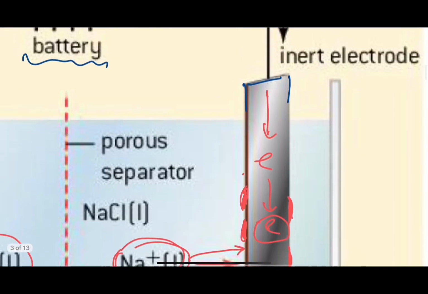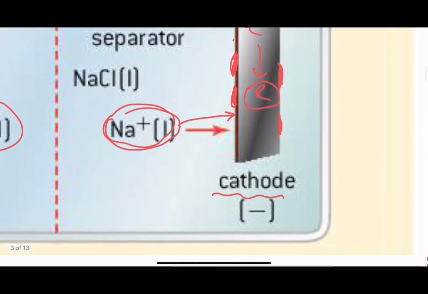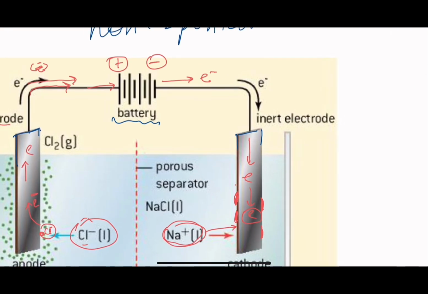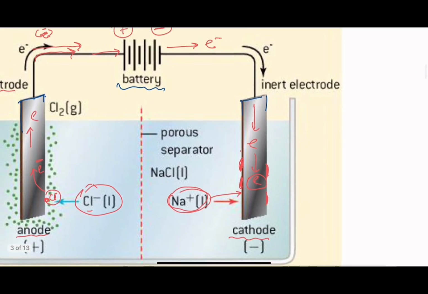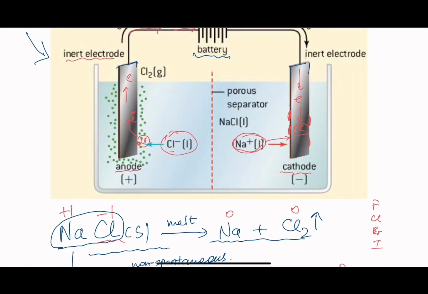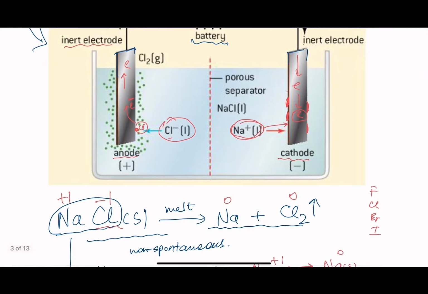The electron came to the cathode, and this is where the whole thing happened. As you can see over here, the chloride ion approaches this electrode. We know that chloride is negatively charged, so it will come to the electrode which is positively charged.